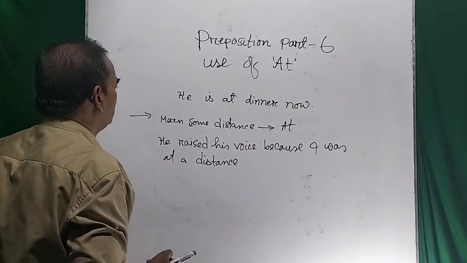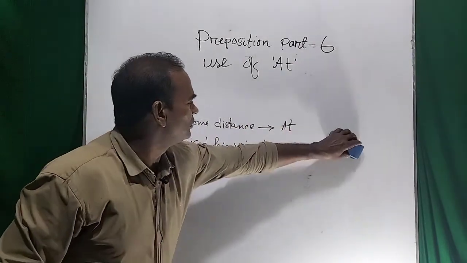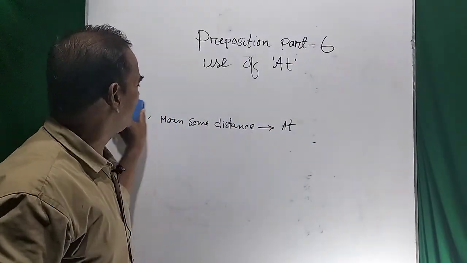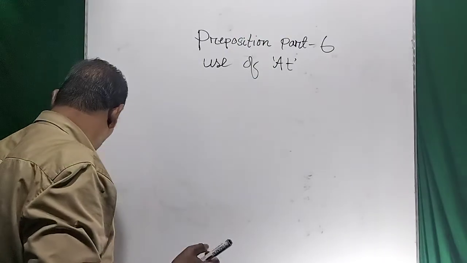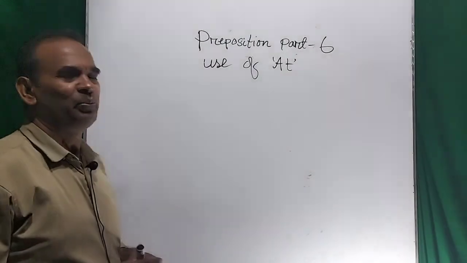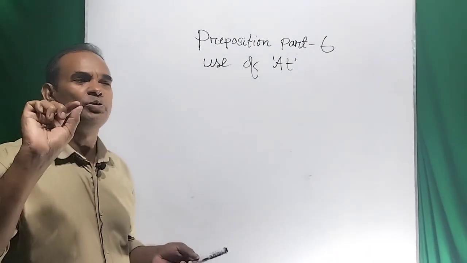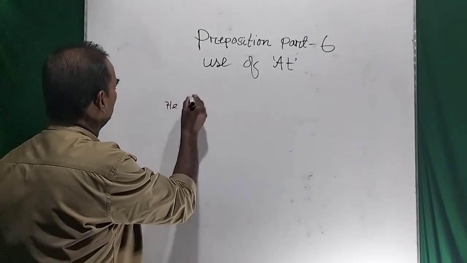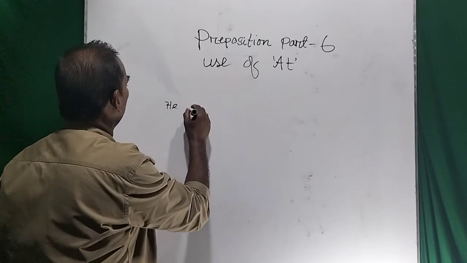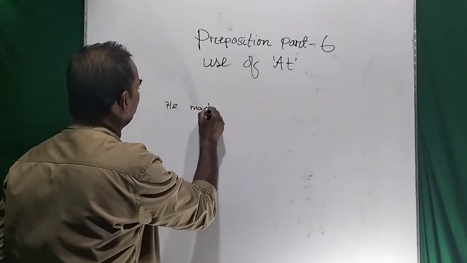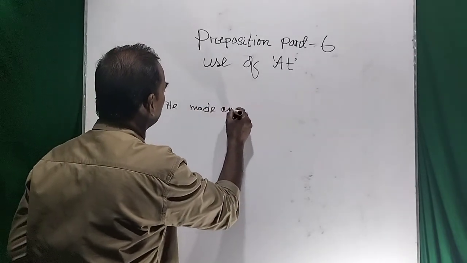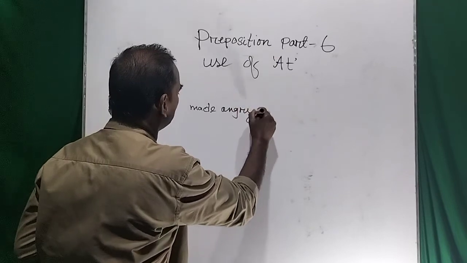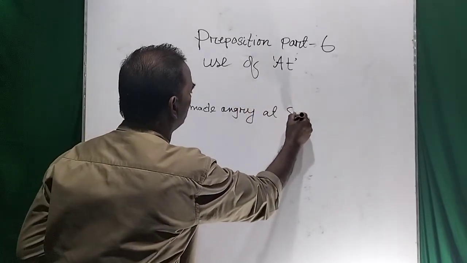And the third rule I am going to tell you, that before the parts of the day we can use at. Before the parts of the day we can use at. So he made angry at sundown.